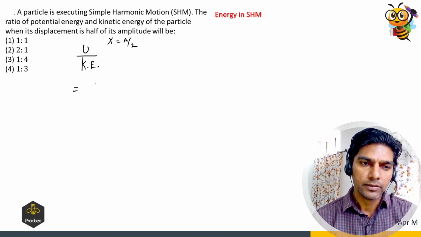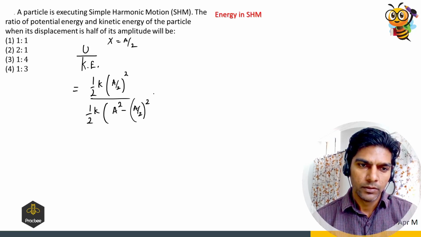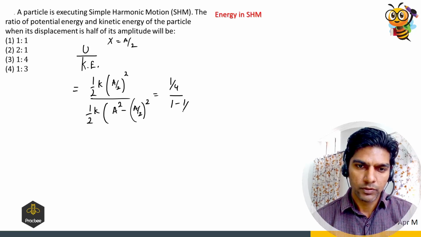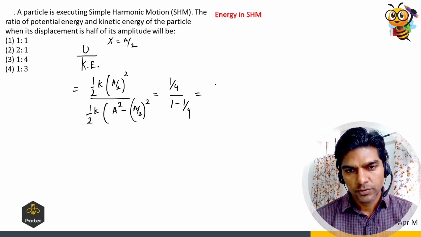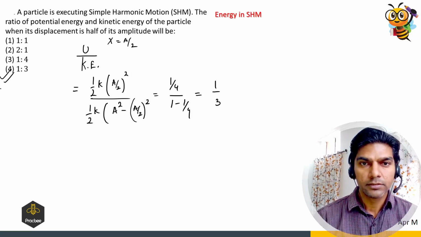So it will be half k (a by 2) square divided by half k (a square minus (a by 2) square). So this will give us 1 by 4 divided by 1 minus 1 by 4. So this comes out to be 1 upon 3. So option 4 is the right answer.